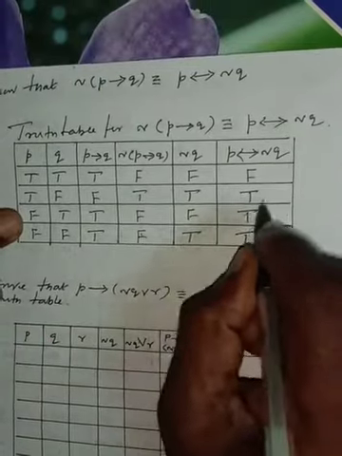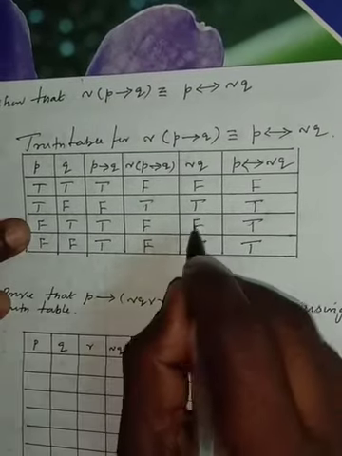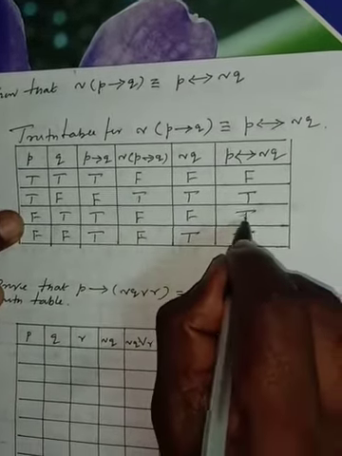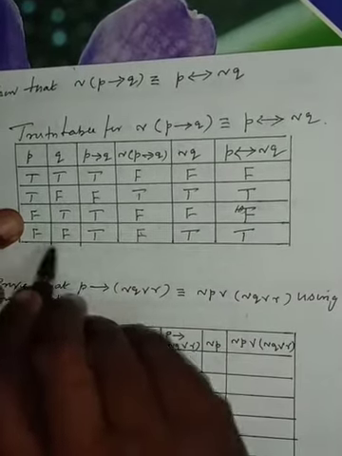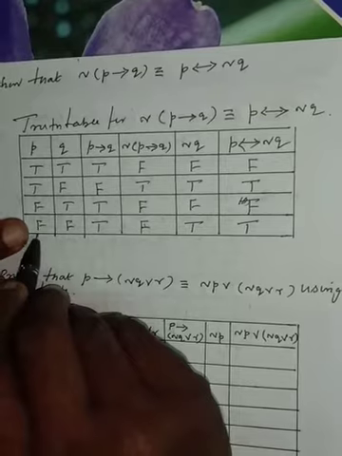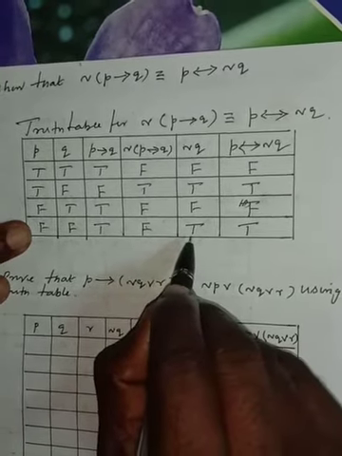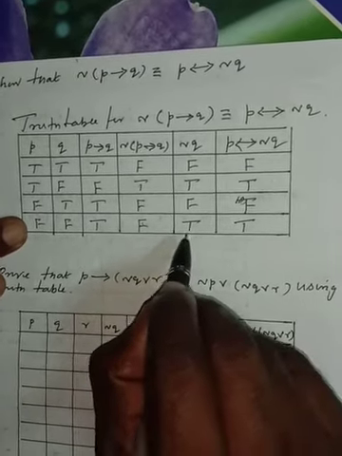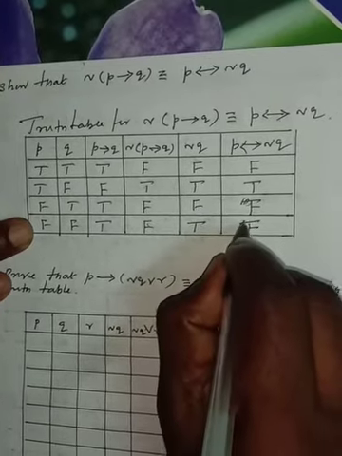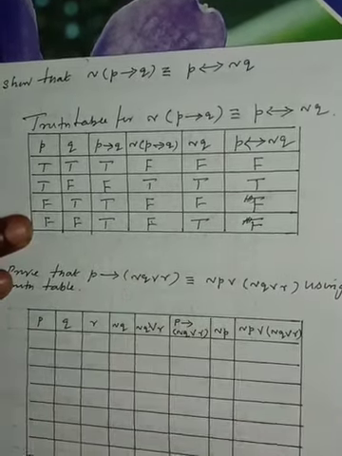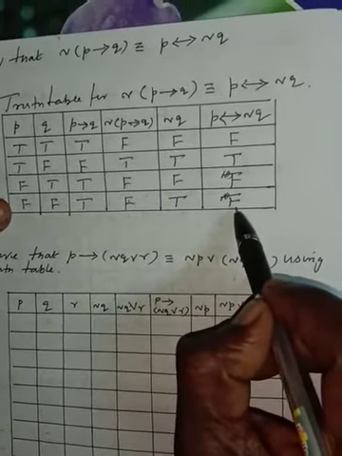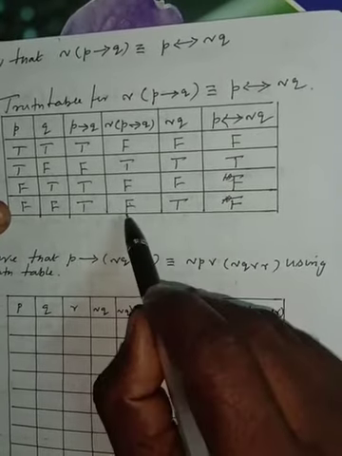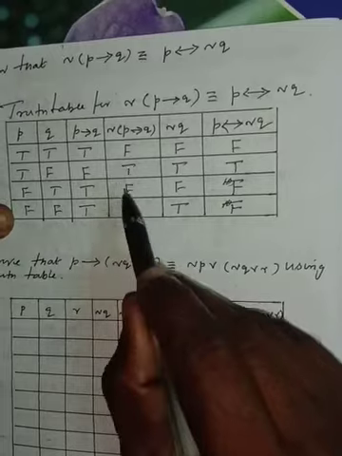Implies F is F implies and implied by F is F. Next, F implies and implied by T is F. Okay. Now F, T, F, F. Here F, T, F, F.